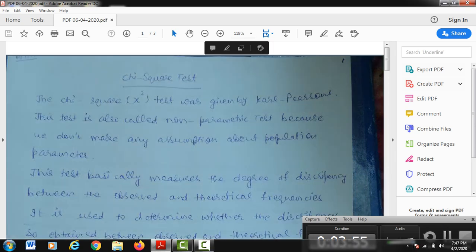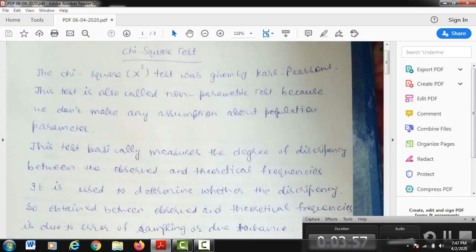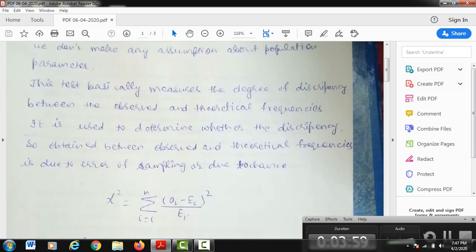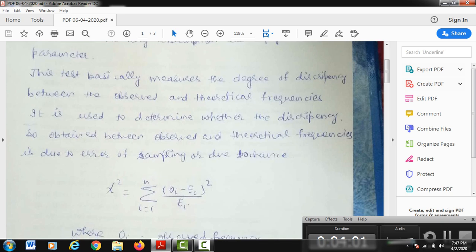Now this test basically measures the degree of discrepancy between the observed and the theoretical frequencies. Basically in this test we will evaluate two factors: the observed frequency, which will already be given in the question, and the expected frequency, which will vary for each and every question.